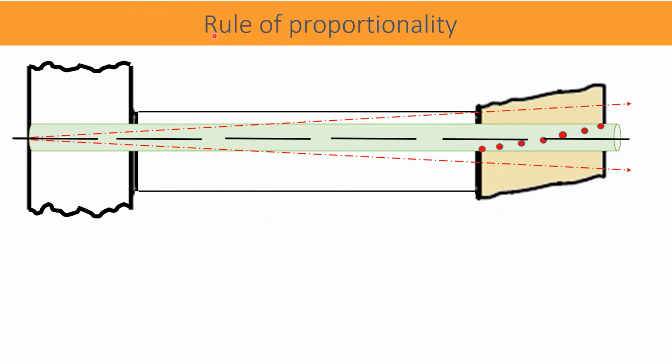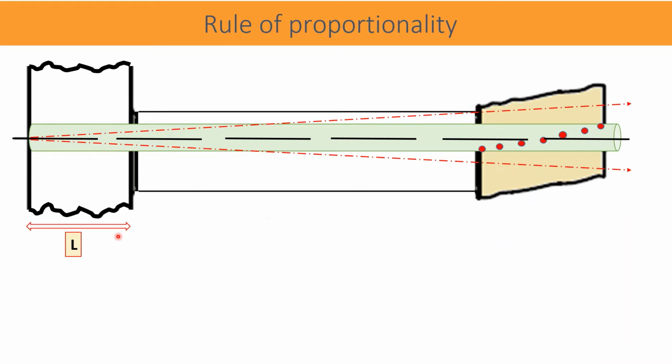Rule of proportionality. This slide will help us to draw some conclusions. There is direct relation between the datum cylinder length and the separation distance between datum and tolerance cylinder.